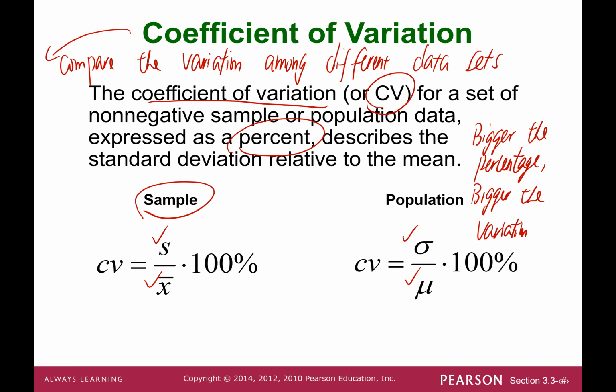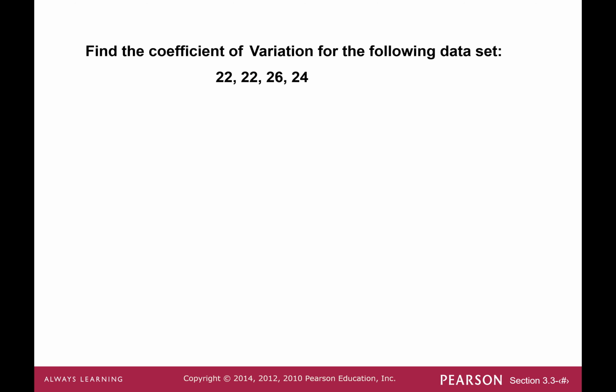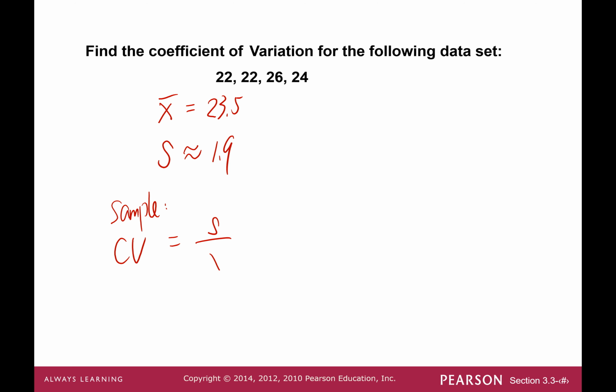So now, one more time, this is the data set we worked with earlier. We know that the sample mean equals 23.5. The sample standard deviation is approximately 1.9. We did it earlier. So the coefficient of variation for this sample will be the standard deviation over the sample mean times 100%.